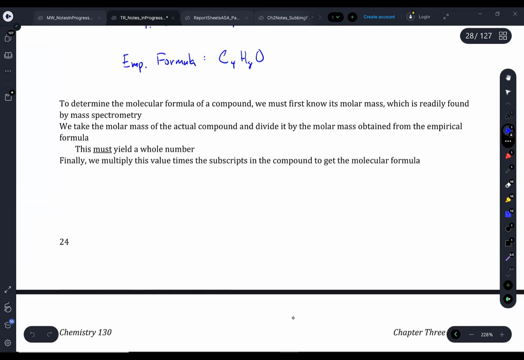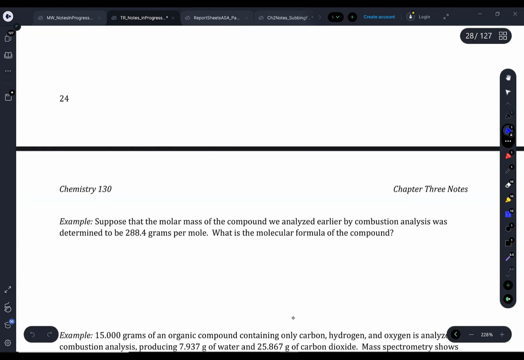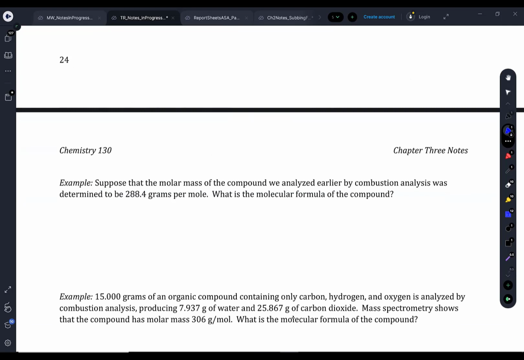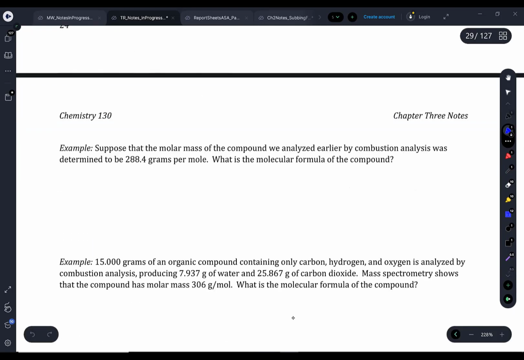Now, to find the molecular formula, you have to know its molar mass, which you could easily find from mass spectrometry. Mass spectrometry would give you that molar mass, and what we do is take the molar mass of whatever compound's formula we found, and it must divide evenly into that molar mass. Again, this is easier seen in a calculation than in words. So the last compound that we saw was C4H8O, right?